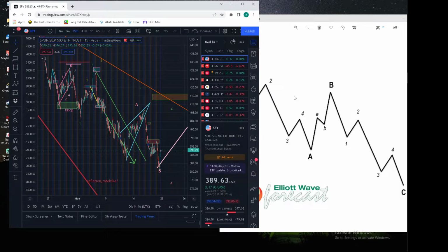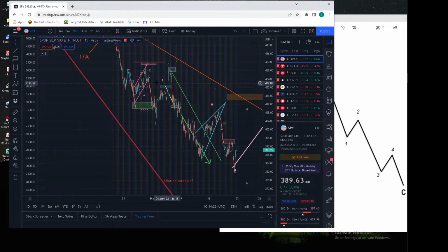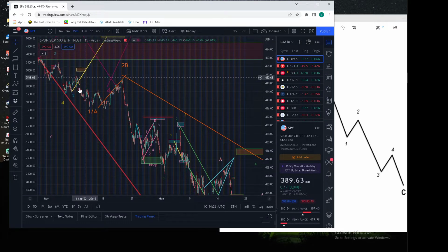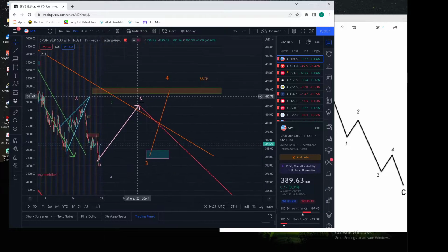And that'll be even more macro than this orange wave that I have. Like I said, there are waves within waves within waves. So this orange macro was only meant to take us to 350.